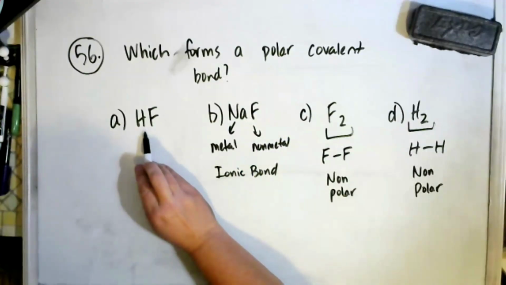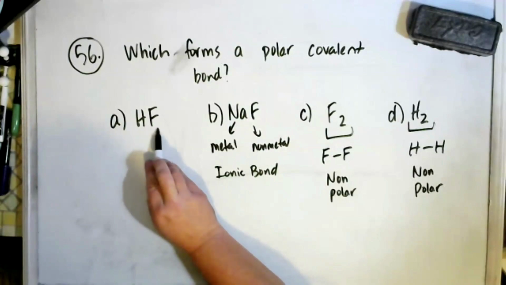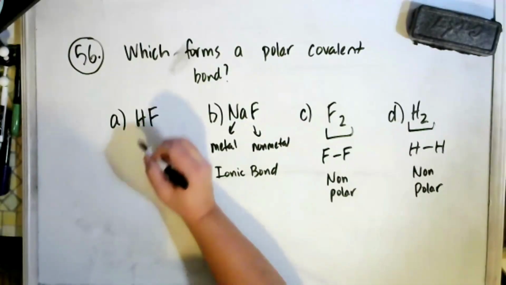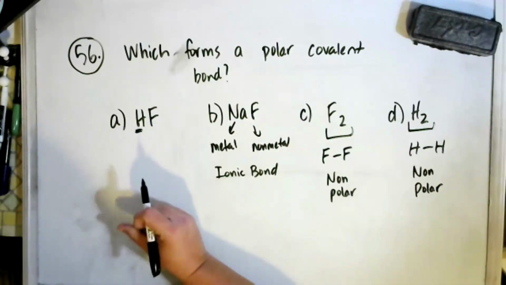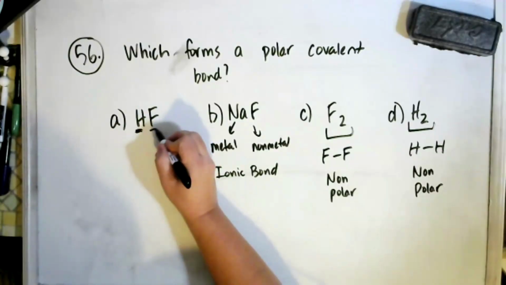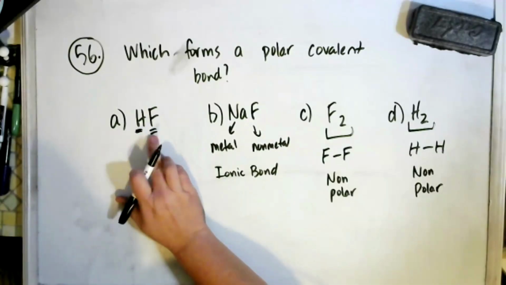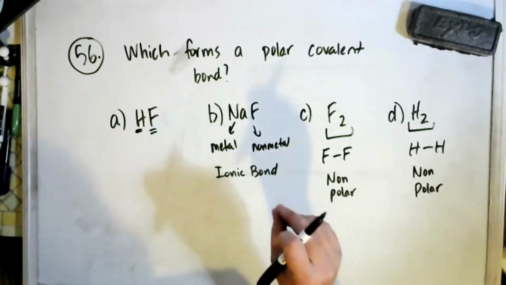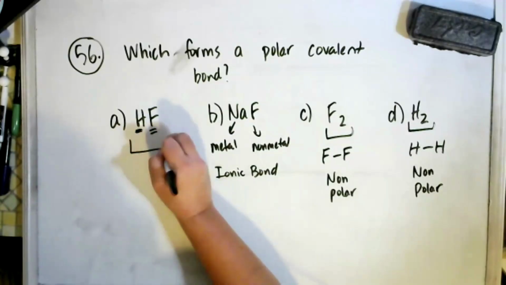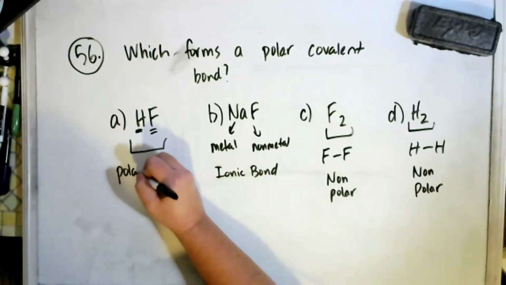Even if you weren't sure what these numbers were, you could still be pretty sure that this is going to be your polar covalent bond, because hydrogen is less negative than fluorine, which is the most negative, just based on our trend line. This is going to be our polar covalent bond.